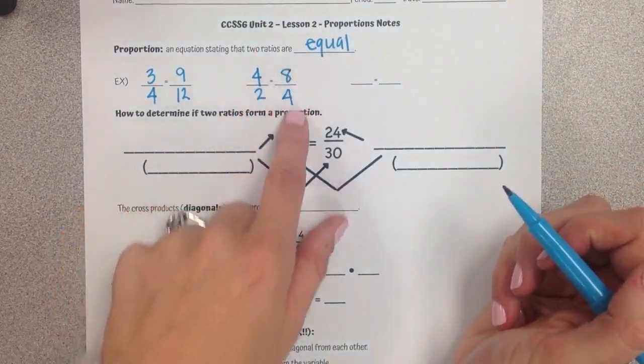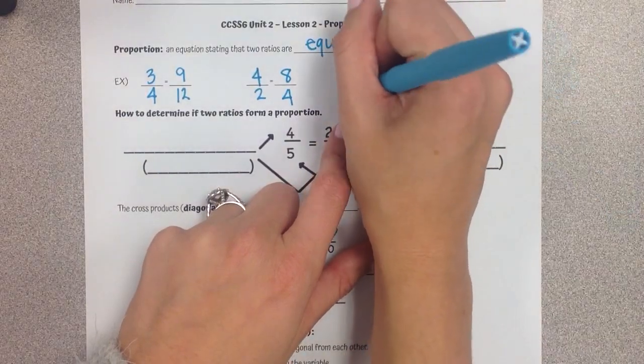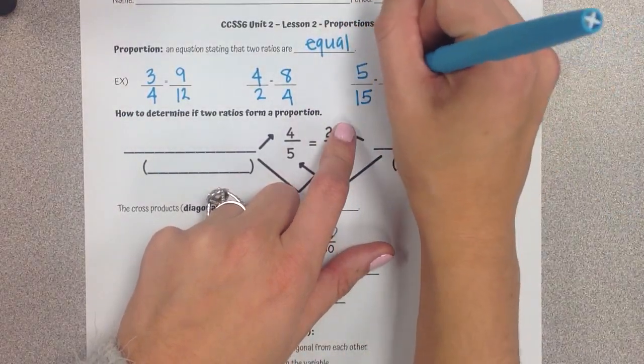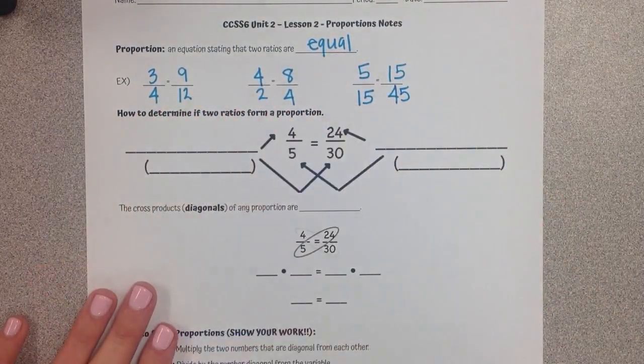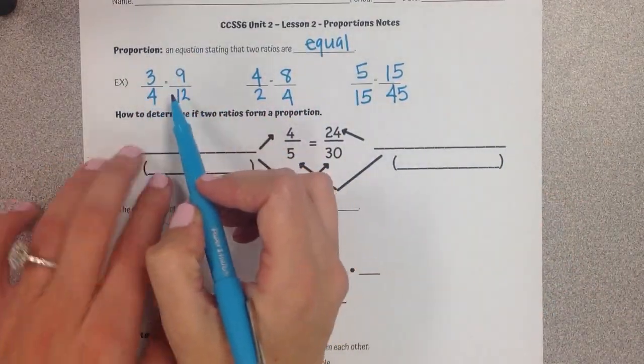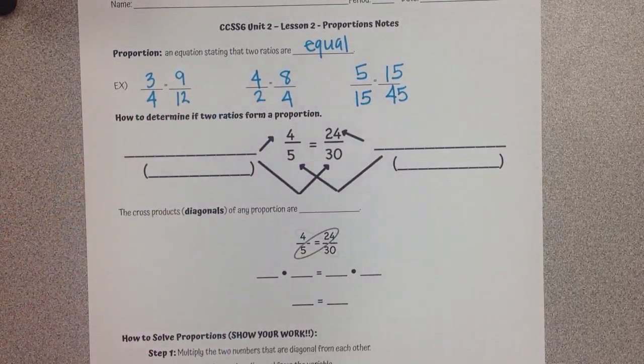They simplify to the same ratio. If we had 5/15, that would be the same as 15/45. These are equivalent ratios, and when you set them up into this actual equation, 3/4 equals 9/12, that is a proportion. So we use proportions to kind of solve problems, but how does that work?